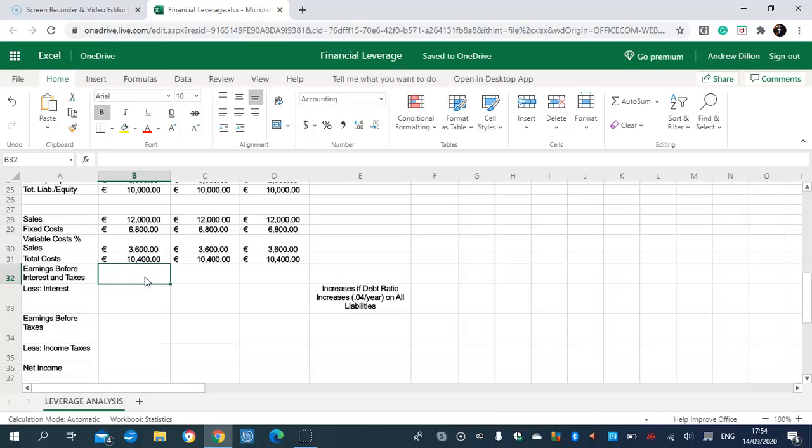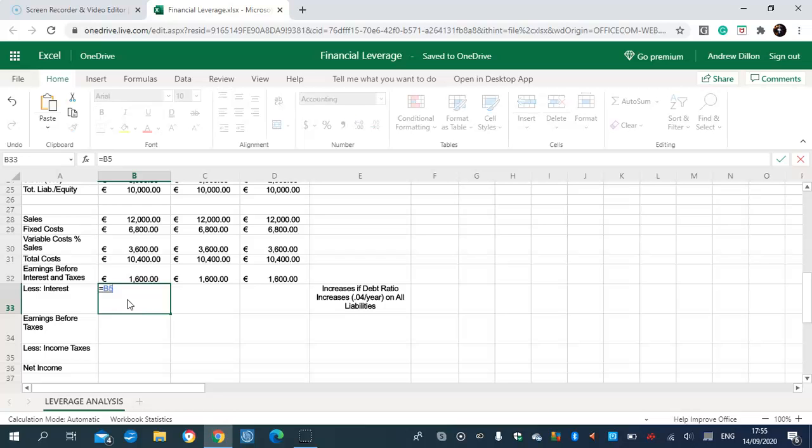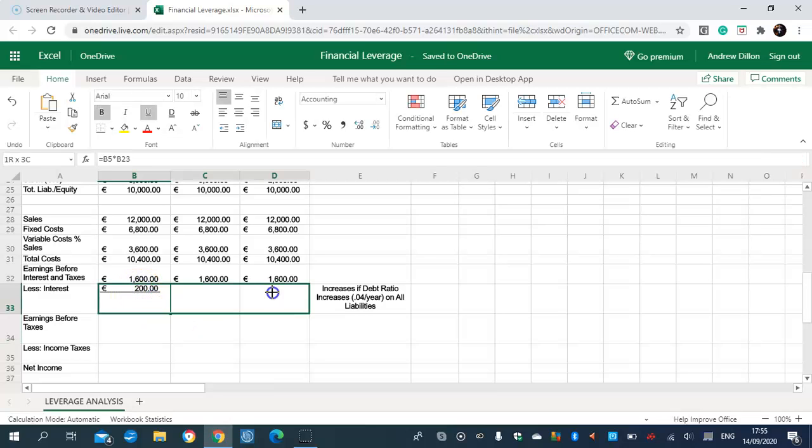Calculate the earnings before interest and taxes. Okay, next one is the less interest, €200.